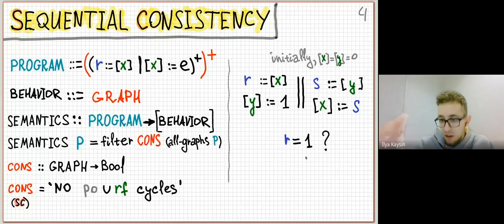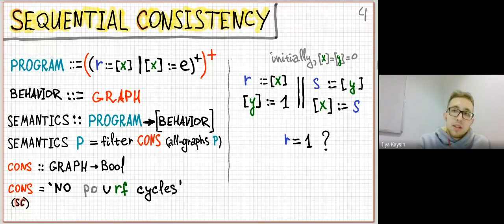So it seems like no, because if we first execute the first thread, then we read the initial value from X, the initial value is 0, so it's not 1. Or if we first execute the second thread, for example, if we first execute the first instruction of the second thread, if we first read from Y, then it doesn't affect anything. So then we just read the same 0 from X. Or if we execute the second thread completely, then we just pass the initial value 0 from Y to X. And we read this 0 from X in the first thread.